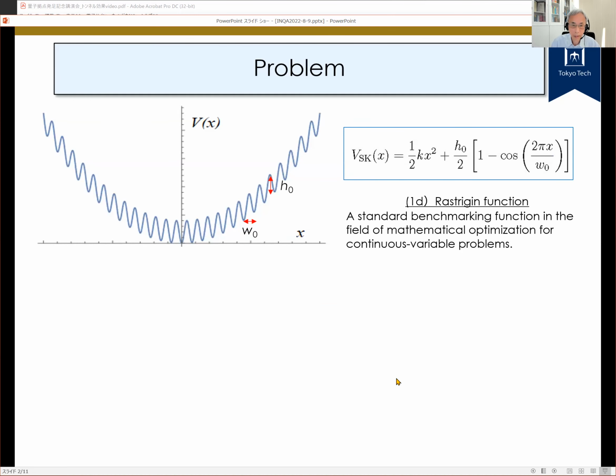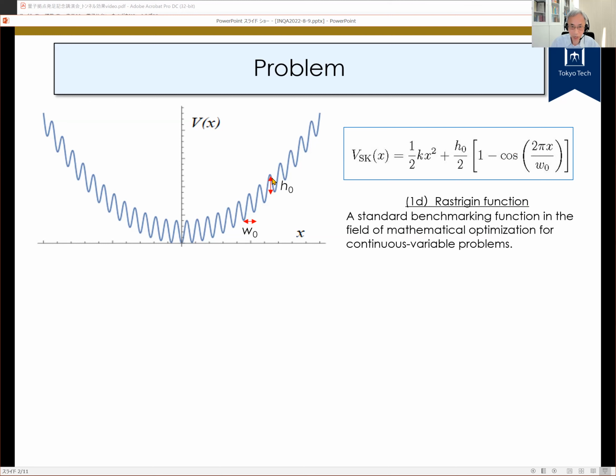So let's define the problem. It's a one-dimensional continuous variable x function, v of x, and it is defined by this harmonic term and the oscillating cosine term on top of it. So the overall structure is a harmonic potential, but there are a lot of minima and maxima by this cosine term.